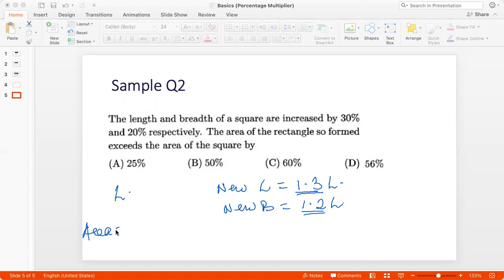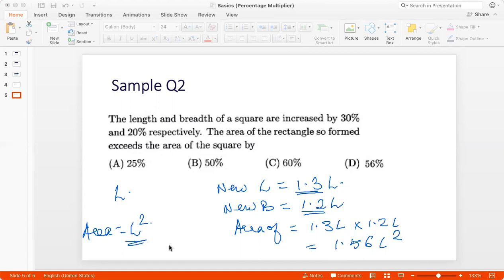What is the area of the square? It is L squared. What is the area of the rectangle so formed? It is 1.3L times 1.2L, which is 13 into 12. So that comes to 1.56L squared. So the area L squared has become 1.56L squared. And just by using the concept of multipliers, I can see that that would be an increase of 56%.